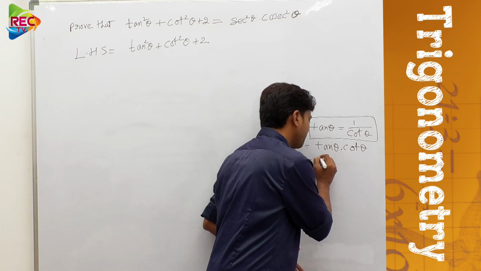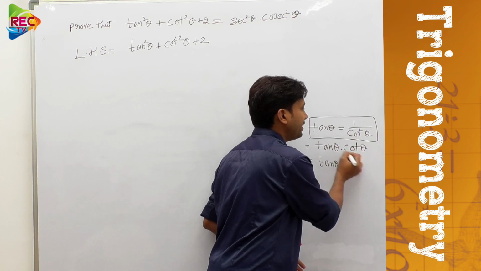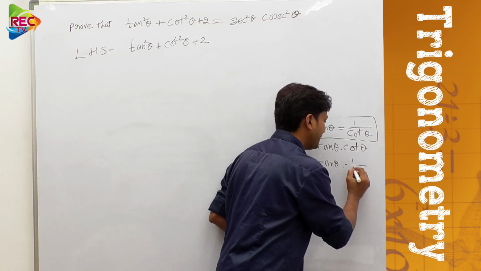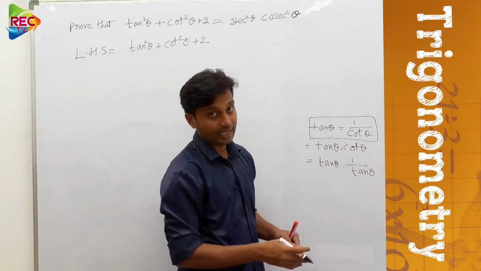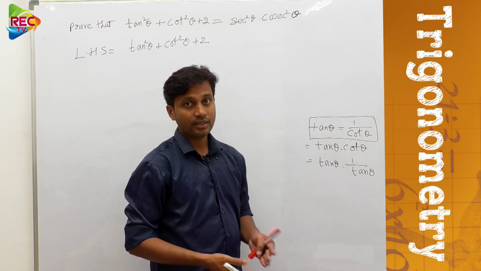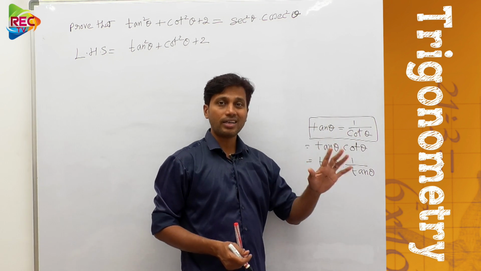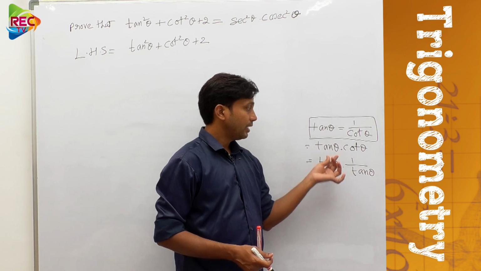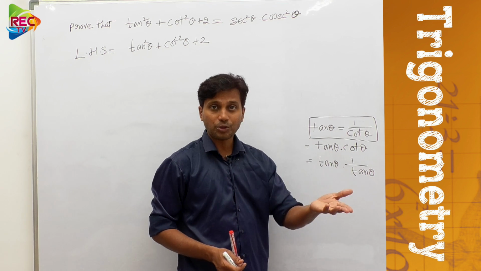Tan theta into cot theta. Cot theta is the reciprocal of tan theta, no? So cot theta can be written as 1 by tan theta. Once again I am telling you, tan theta and cot theta are reciprocals of each other. Second thing, when we are multiplying tan theta and cot theta, what should be the value?